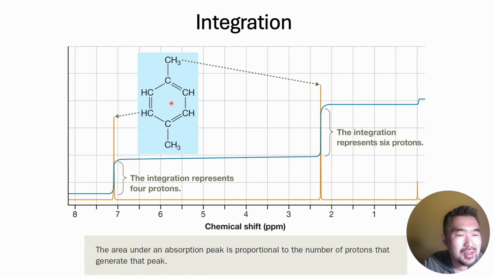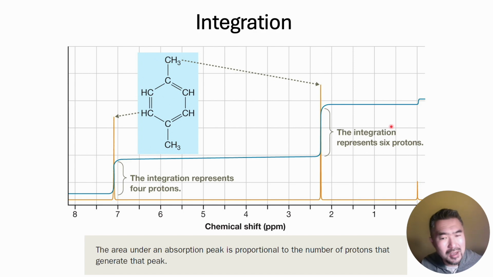I hope it makes sense to you that these 2 protons are equivalent, and there's also a plane of symmetry right in the middle this way. So these 2 protons are equivalent. All that to say, these 4 hydrogens are in the exact same environment because of the symmetry. And of course, they would be distinct from this methyl group, but because there's a plane of symmetry right in the middle, this is equivalent to that methyl.